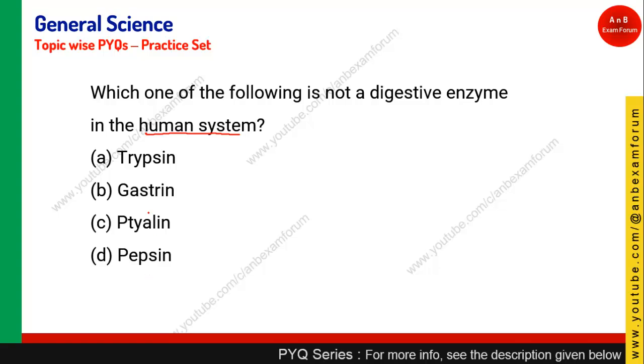You know that trypsin is an enzyme which is found in the pancreatic juice. And gastrin, there is no enzyme named gastrin. It is gastric juice which is found in the stomach. So option B is the right answer. This is not an enzyme.